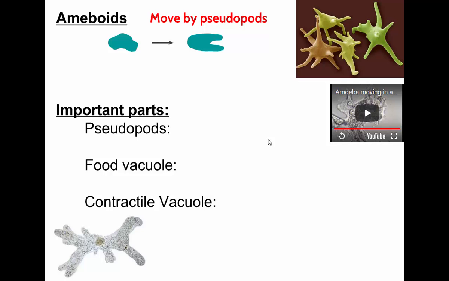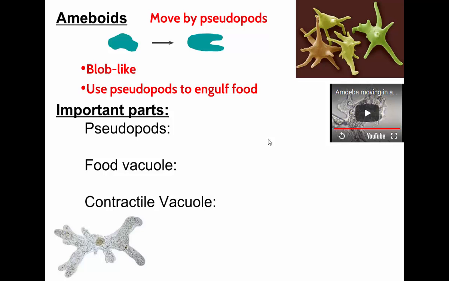So the important parts of the amoeba, when you look at this amoeba, the pseudopods are those extensions of their cytoplasm that they ooze forward. They also use them to ingest their food. What happens is the amoeba moves up to a particle of food, it sends its pseudopods around it, and then they connect on the other side.